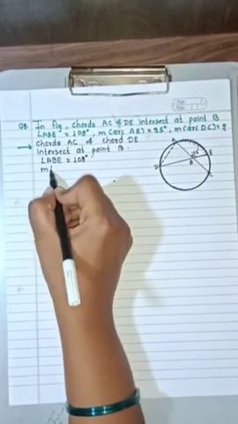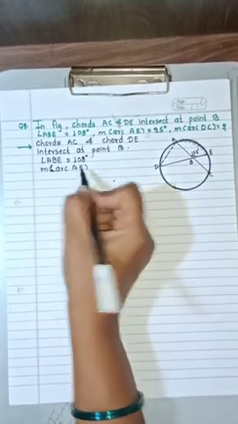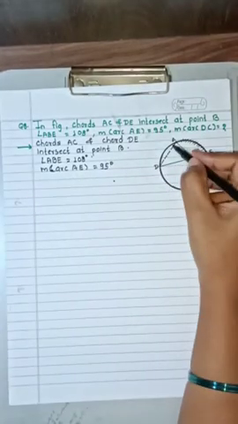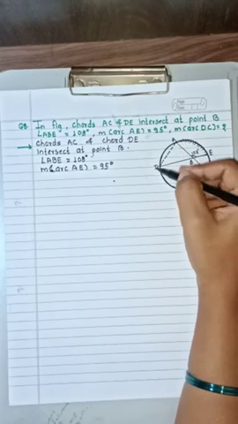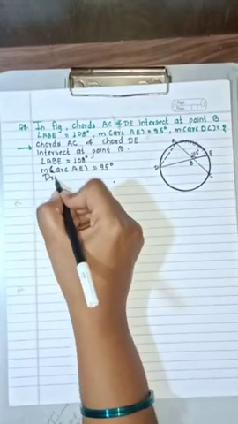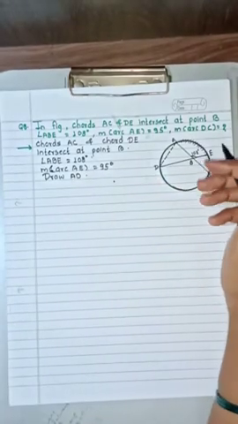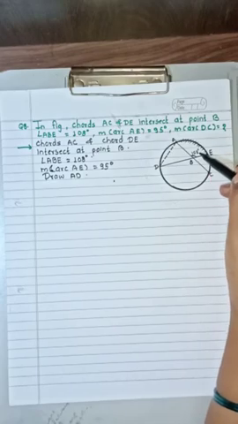They have also given you measurement of arc AE is equal to 95 degrees. Okay, and this dotted part you can see is a part of construction. So what we'll write here: draw AD.